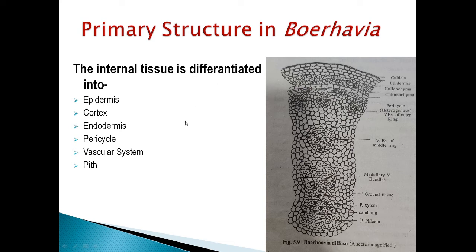The primary anomalous characters specific to Boerhavia are that the pericycle is heterogeneous, vascular bundles are arranged in three rings, a large number of vascular bundles are present in the middle and outer rings while only two are in the inner ring, and the pith is absent.